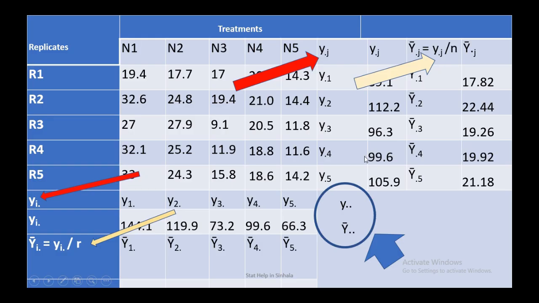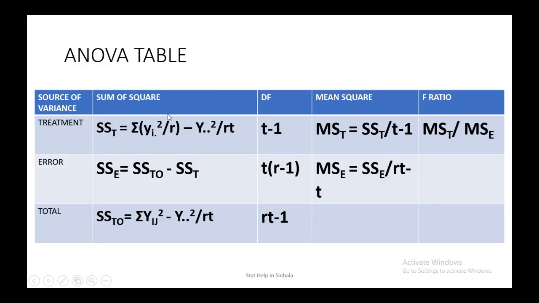So you know how to give the notation for this kind of a table. If we know this kind of notation, we can go for the ANOVA table. This is the ANOVA table for completely randomized design.